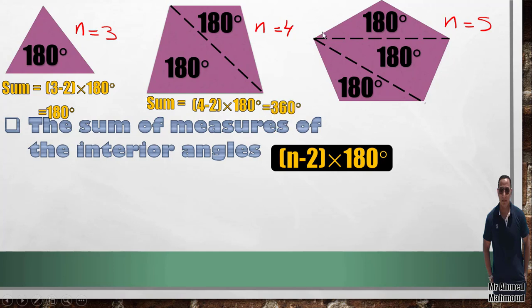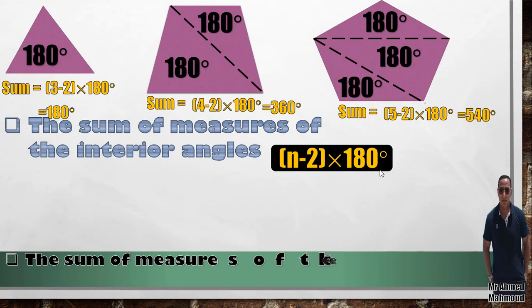And also by using the rule, I can evaluate this one: 5 minus 2 times 180 equals 540. So to evaluate the sum of the interior angles of a polygon, we use this rule, n minus 2 times 180. It's a very important rule.